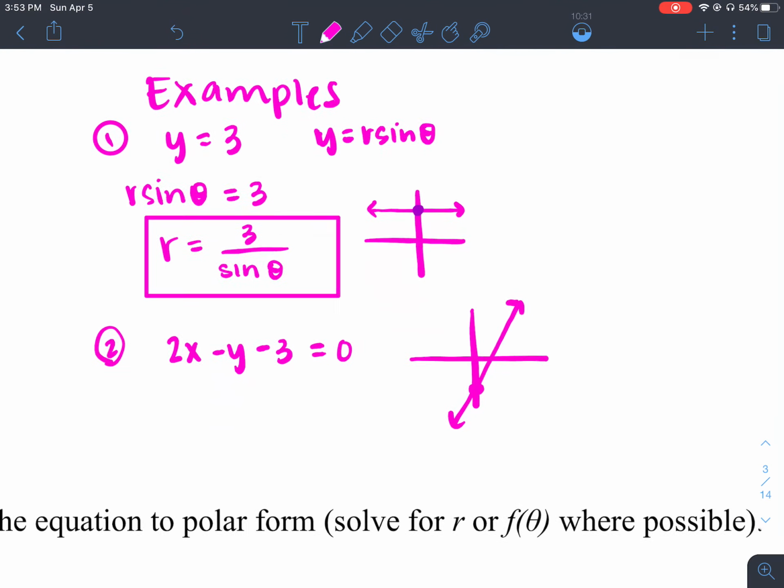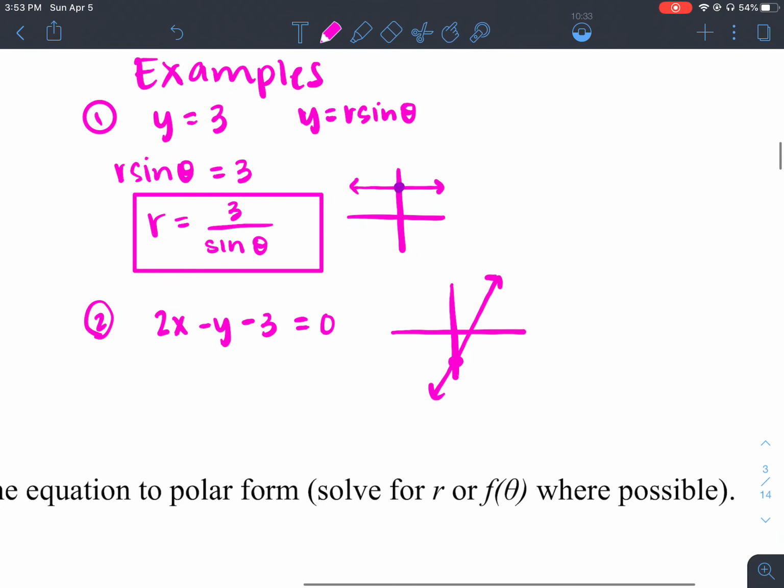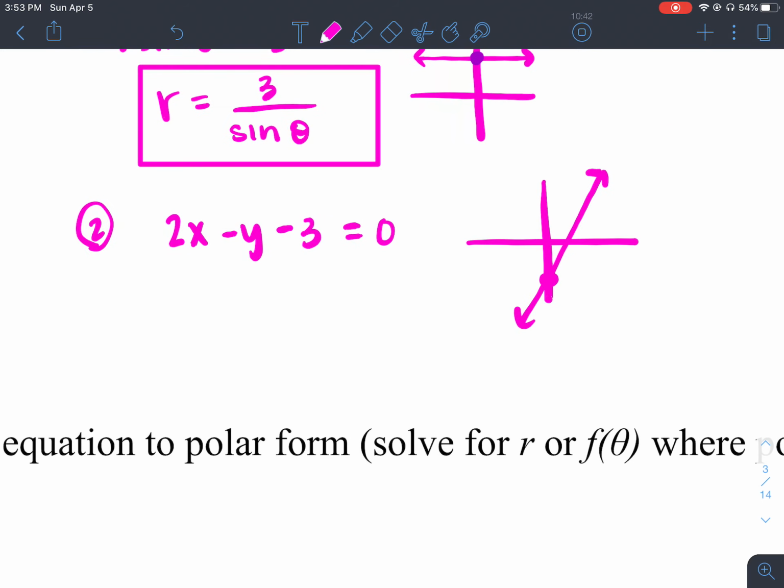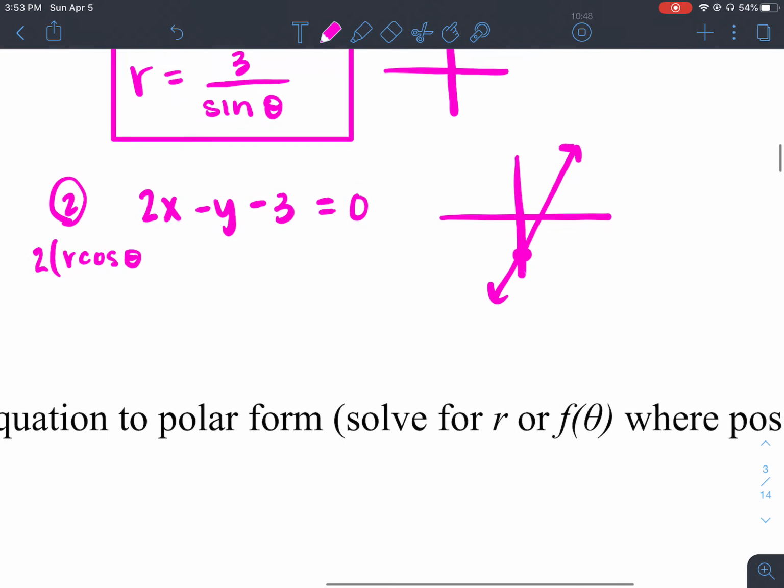What we're going to do is rewrite that equation, but put it into polar coordinates. So we're going to do the same thing. We're going to substitute what we know for x and what we know for y. X, I know from the page before, is r times cosine theta, and y is r times sine of theta.